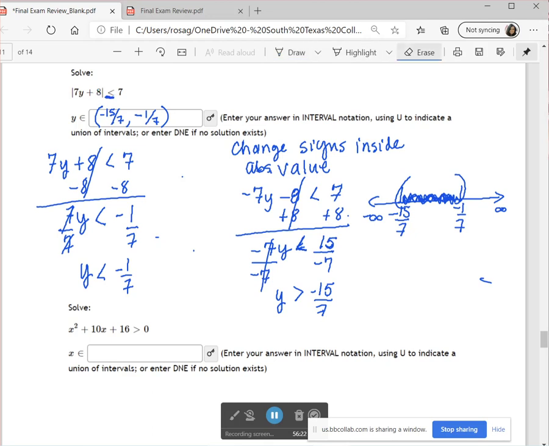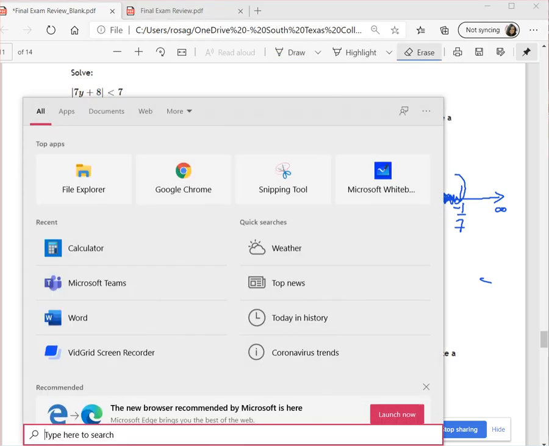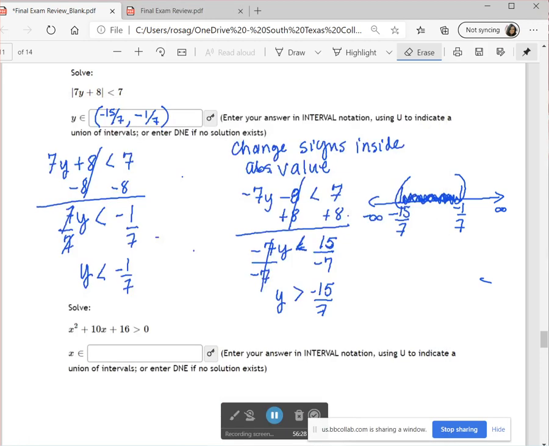Since it doesn't have it, it goes in parentheses. Does that make sense?